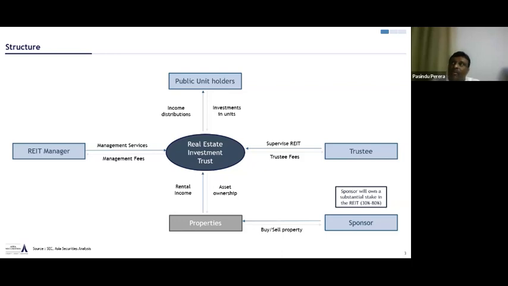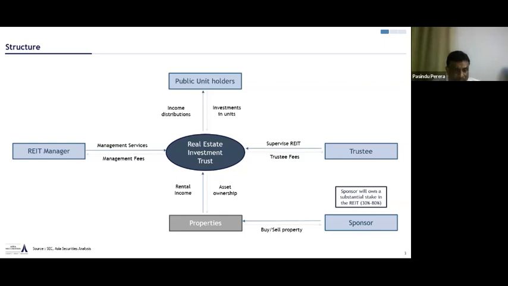If you own all hotel properties, then it can be a hotel REIT. Likewise, there may be different REITs. It could be a warehousing REIT, because you own all the warehousing properties. Likewise, you can hold different classes of properties, and your REIT will be named accordingly.